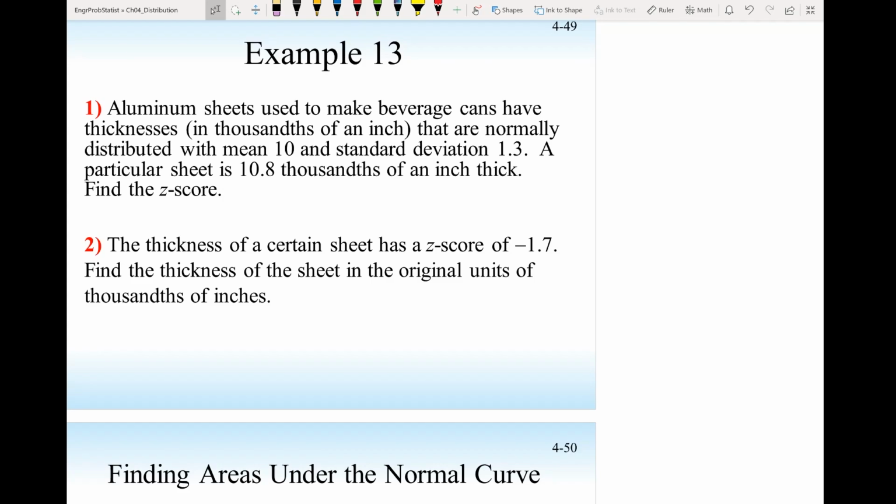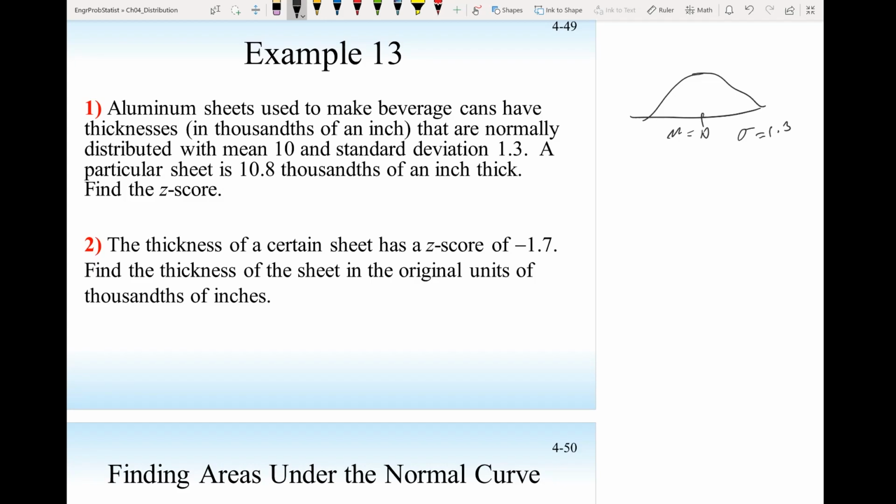Aluminum sheets used to make beverage cans have thickness in thousandths of an inch that are normally distributed with mean 10 and standard deviation 1.3. So the mean is 10 and the standard deviation is 1.3. A particular sheet is 10.8 thousandths of an inch thick.